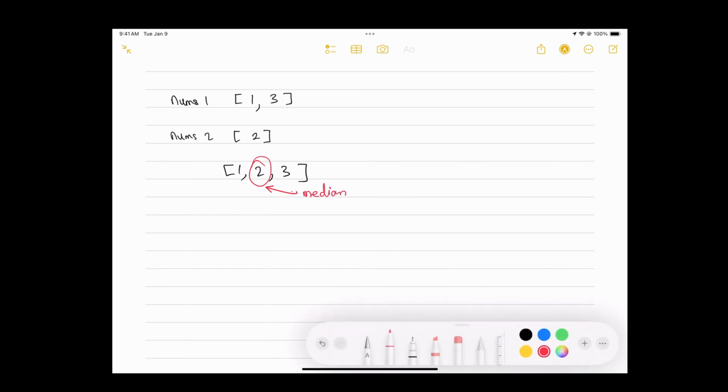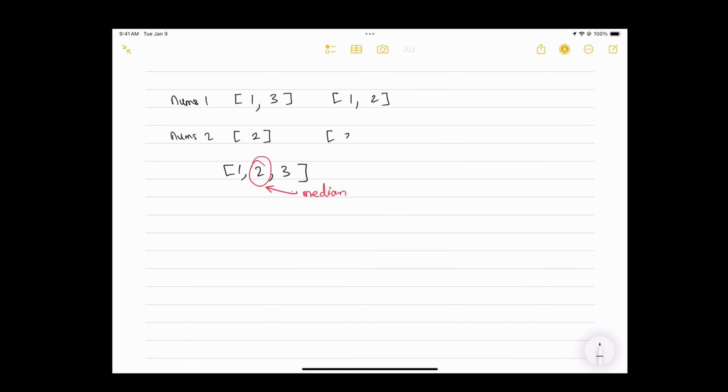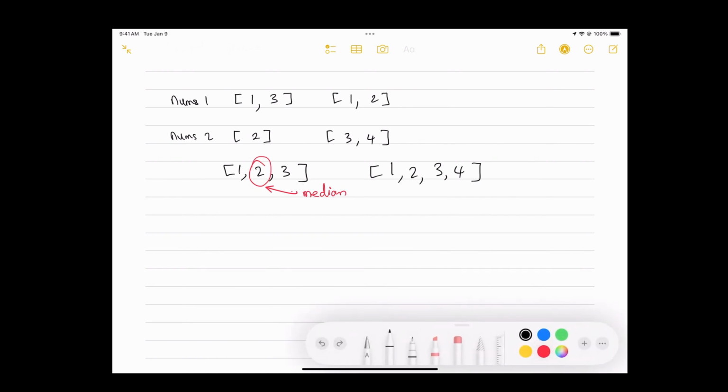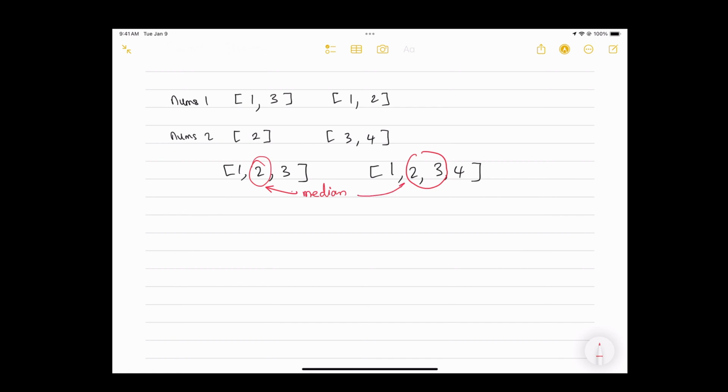Alright, so if we had a second type of array where it's 1 and 2, and another one that is 3 and 4, a merged version of this would give us median values of 2 and 3.